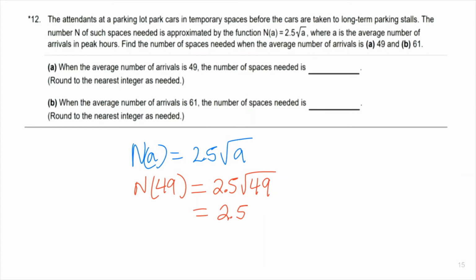Simplifying the square root of 49, I get 7. And so 2.5 times 7 is 17.5. They wanted the nearest integer, so the nearest integer is 18.